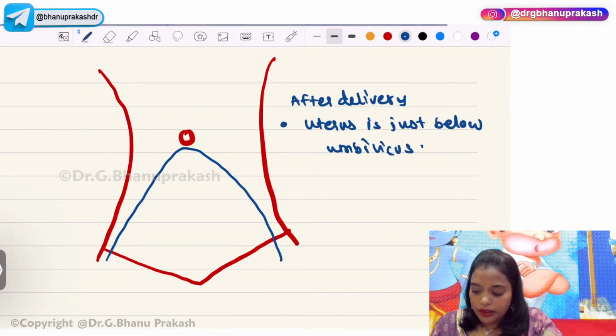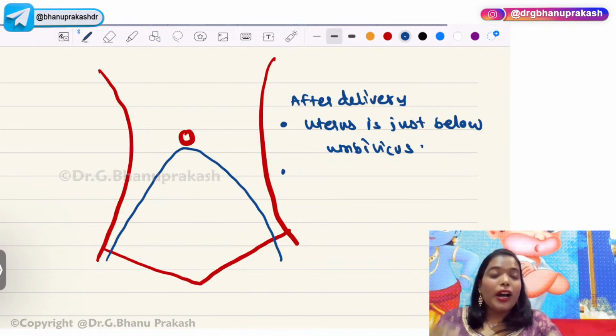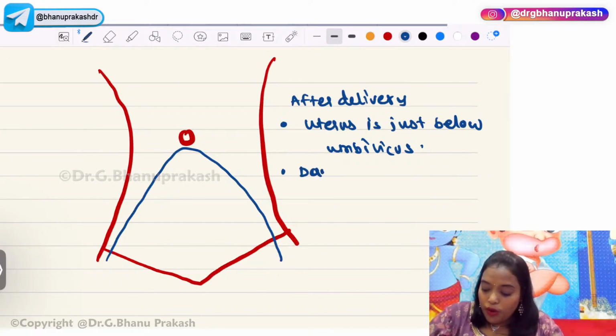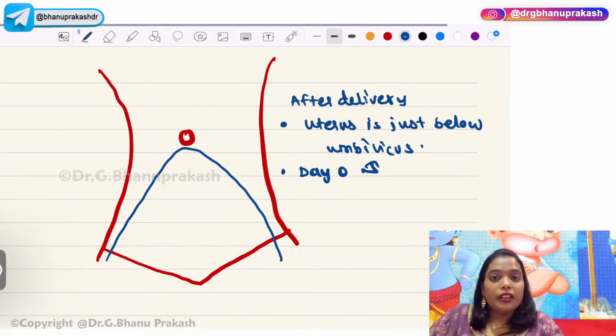That is 20 weeks. The day of delivery is considered to be day 0. So on day 0, the uterus is just below the umbilicus. Then the uterus starts coming down by 1.25 centimeters per day.